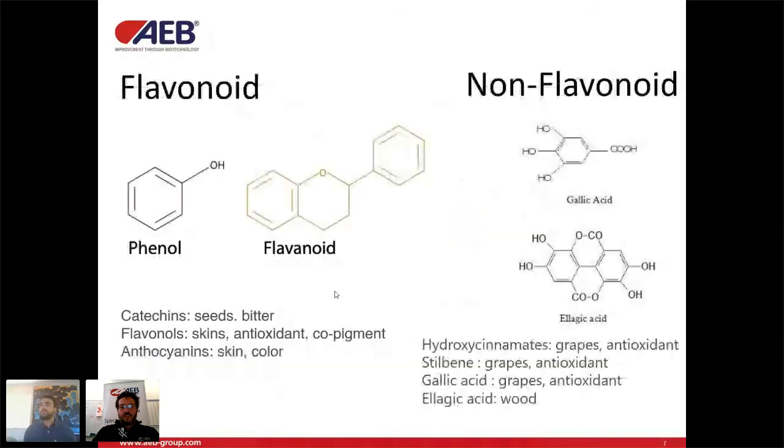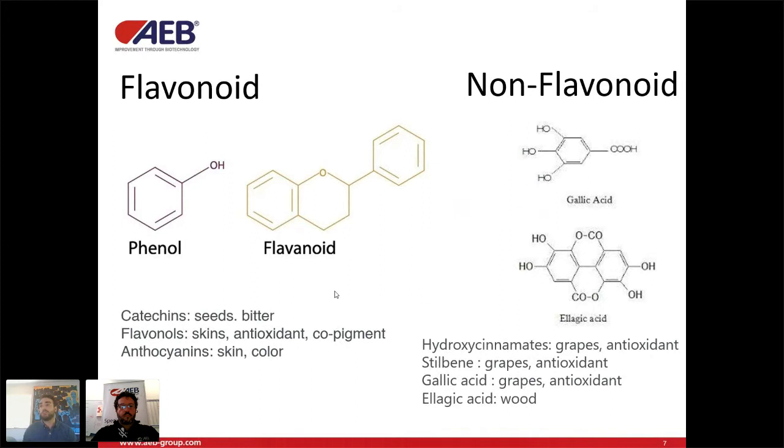The phenolic compounds in the wine can be divided into flavonoids, which are present in the grapes, among which catechins are present in the seeds and are bitter, while the flavonols and the anthocyanins are present in the skin. One is more an antioxidant, and one is responsible for the color.